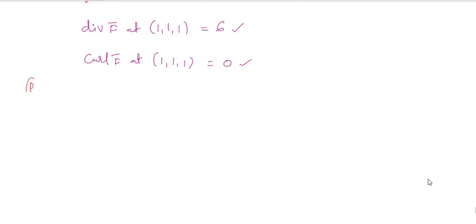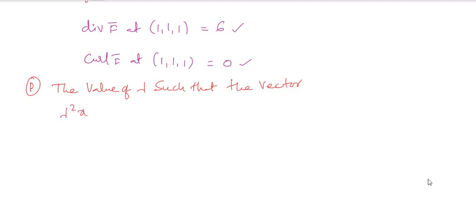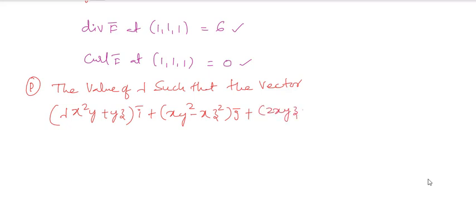Let me take one more problem. The value of lambda such that the vector lambda x square y plus yz into i bar plus (x y square minus x z square) into j bar plus (2xyz minus 2x square y square) into k bar is solenoidal.